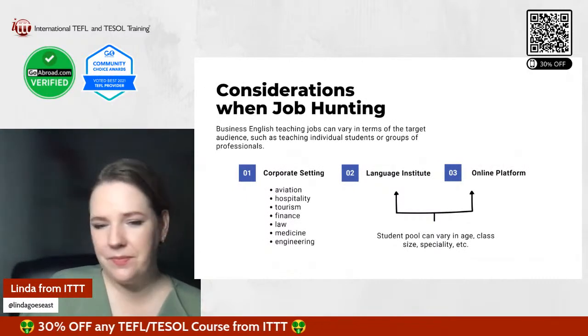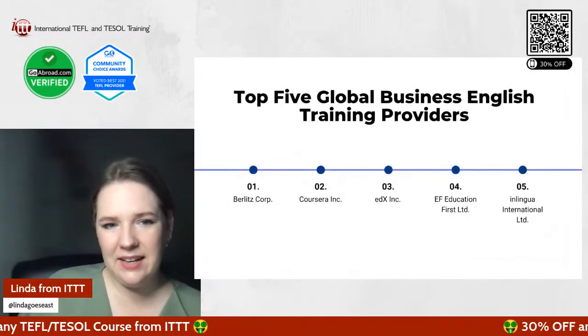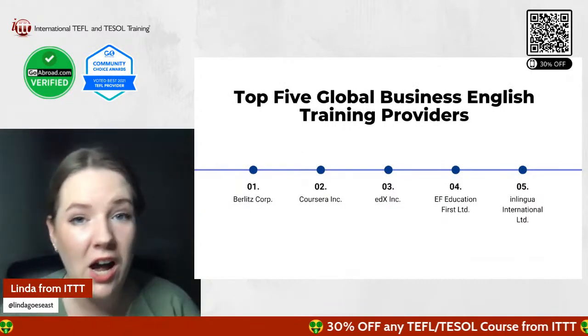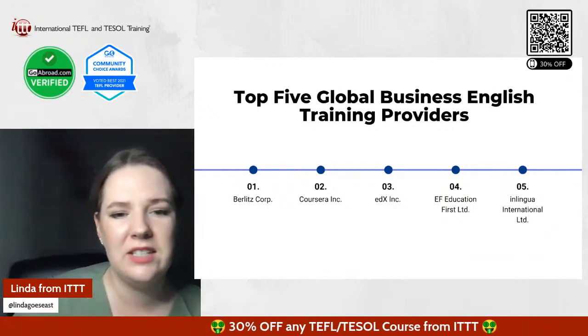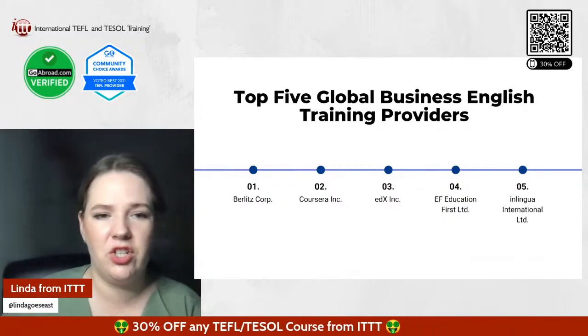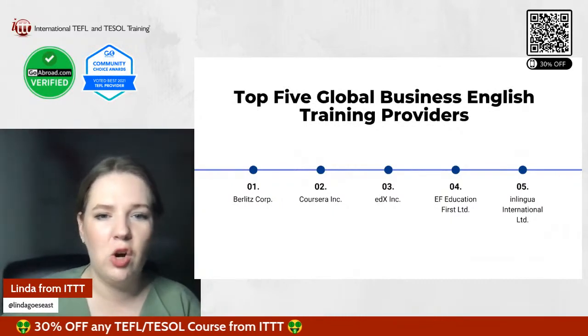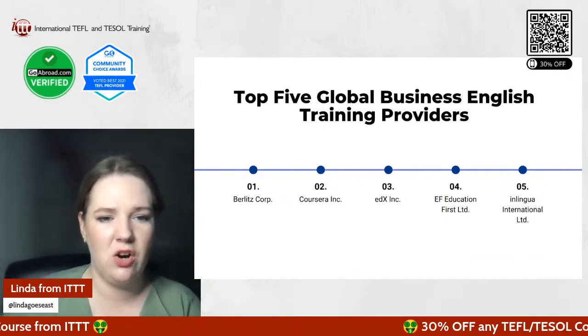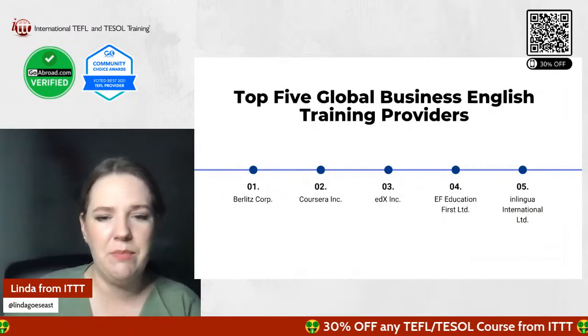Okay. Then this is also something I wanted to mention when looking for jobs. So here, this is what I found based on my research, the top 5 global business English teaching providers, because it's very important for us to know, right? So here we have very big names.